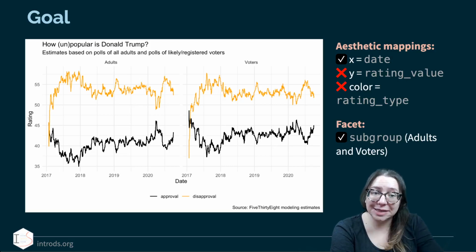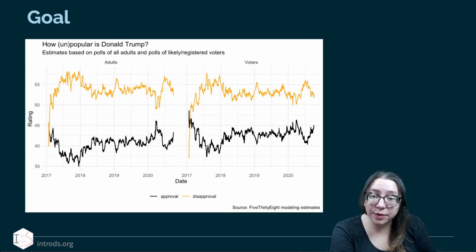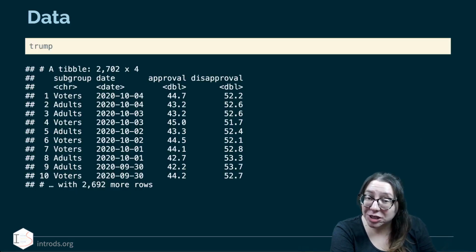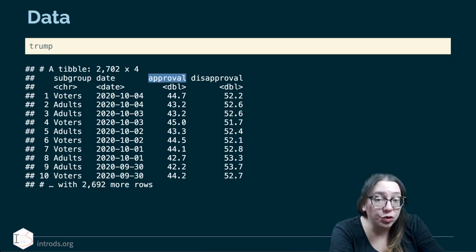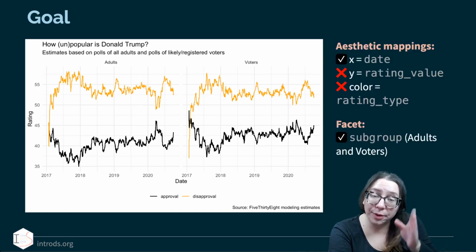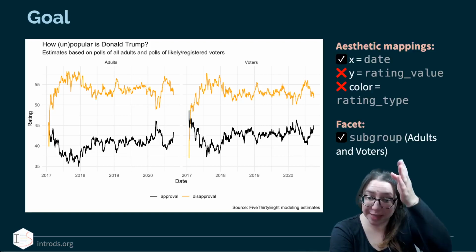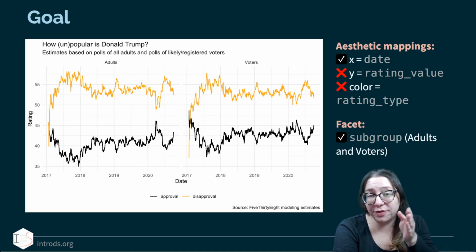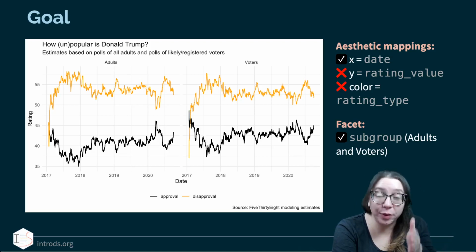On the y-axis, I have an approval rating, but note that in the original data that I was working with, I didn't actually have this information in a single column. I had it spread across two columns as approval and disapproval, but we know that when we're making ggplots and we want to say put this variable on this axis, we need that information to be stored in a single variable.